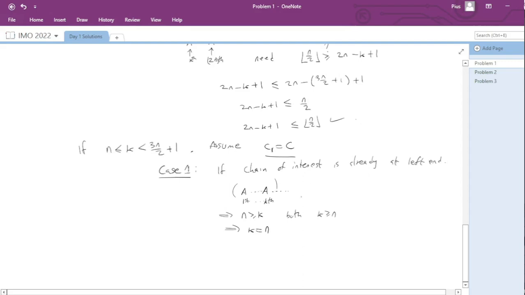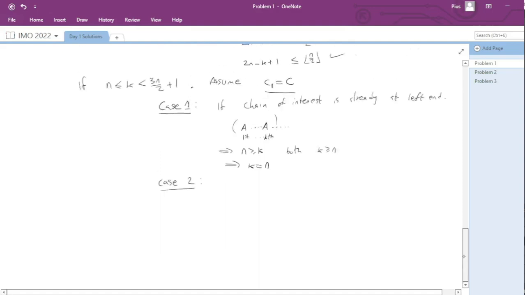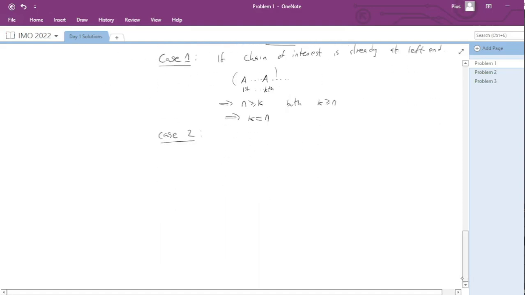Okay, so we move to the next case, the remaining case. So this time the string of interest is not on the left end, so just write this as otherwise. So what does this mean? It means that there has to be a different chain at the left end.